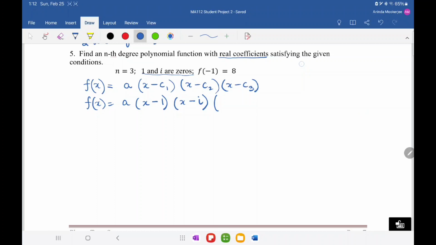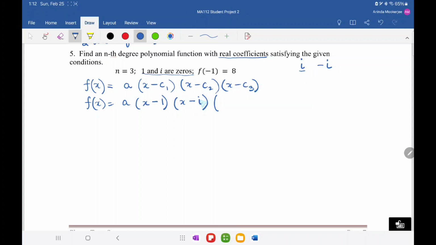So if i is a zero of the function, then automatically its conjugate, which is negative i, should also be a zero of the function. There's a theorem on that we learned before, and we have to apply that theorem to plug in a value for c sub 3.